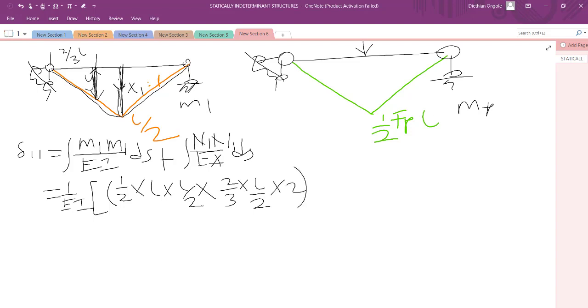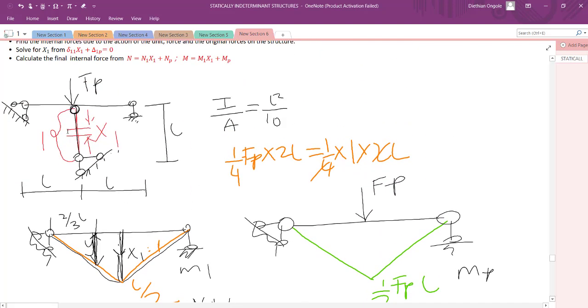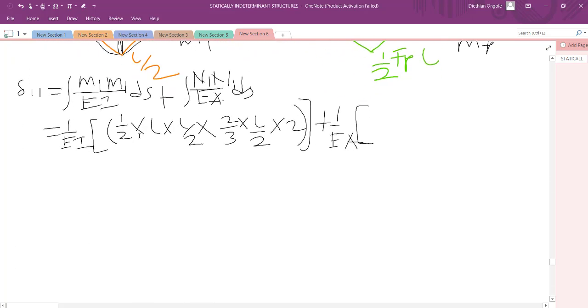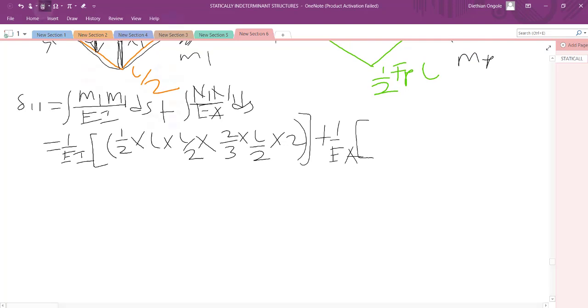Then we come and add 1 over EA, times our N1. The axial force in this rod is of magnitude 1, because it's the only force acting on it. So it would be 1 times 1, times its length, which is L.